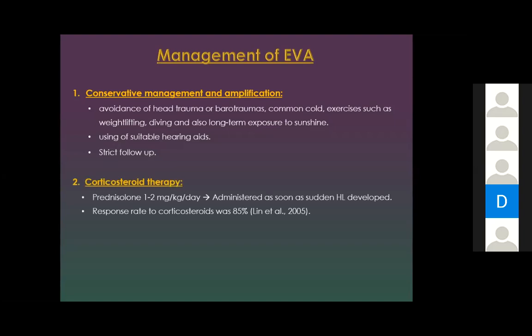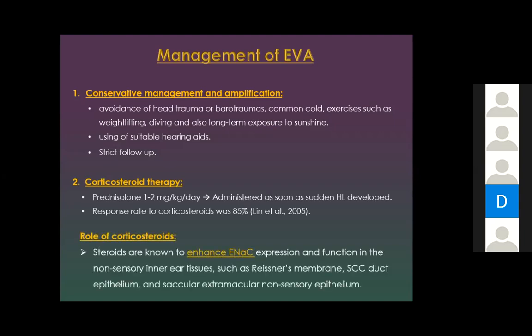If there is fluctuation or sudden sensory neural hearing loss in an EVA patient, corticosteroid therapy may be tried. With prednisolone taken at 1 to 2 milligram per kilo per day, there is an 85% success rate. What is the role of corticosteroid? As mentioned in physiology, our body compensatorily increases sodium channel numbers in the labyrinth to cope with the high sodium level of endolymph.